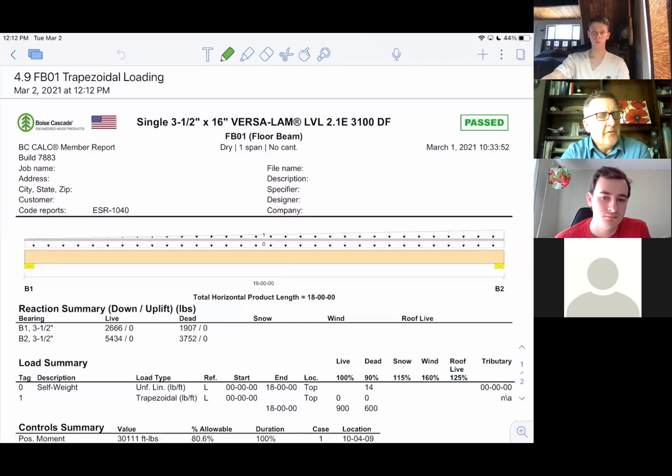So notice the arrows on top of that beam up there. This has a triangular load on it, but it's also got the self weight of the beam.